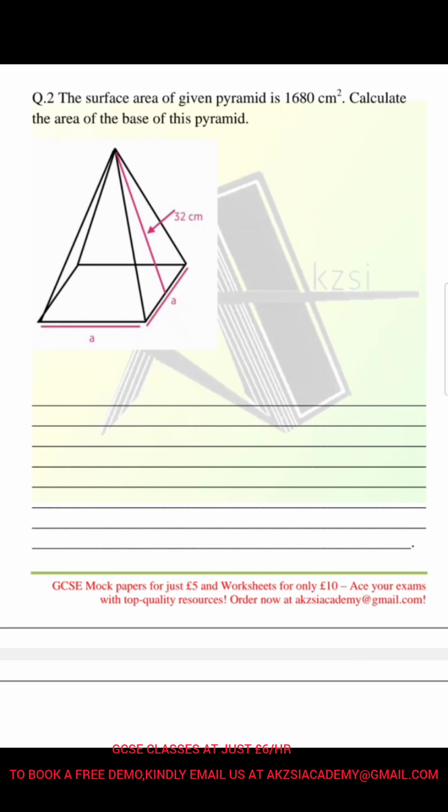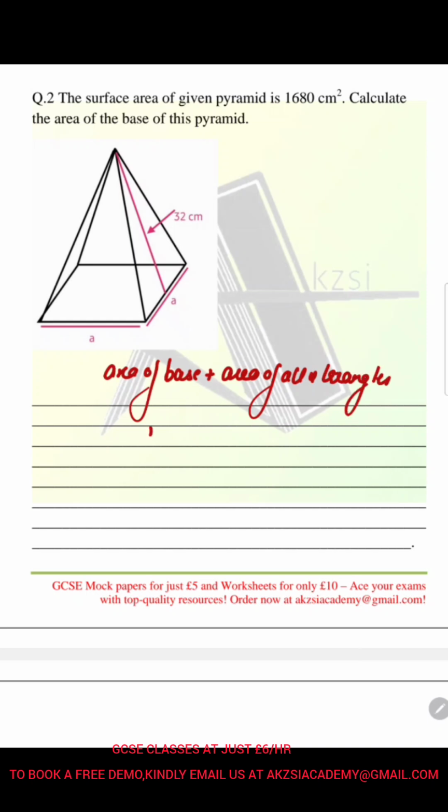So the surface area of this given pyramid is 1680. And how can I calculate it? Same, just like we did in the previous question. So area of base plus area of all 4 triangles.